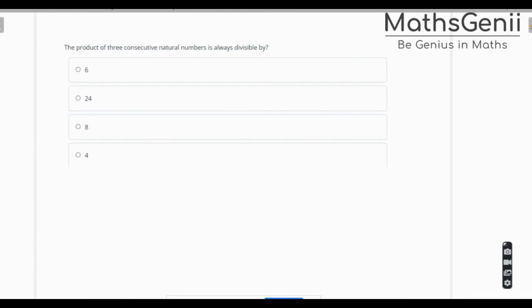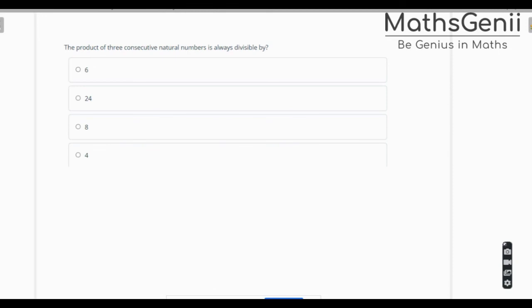Now, this is a very good question. The product of three consecutive natural numbers is always divisible by. Firstly, you should understand the meaning of consecutive.